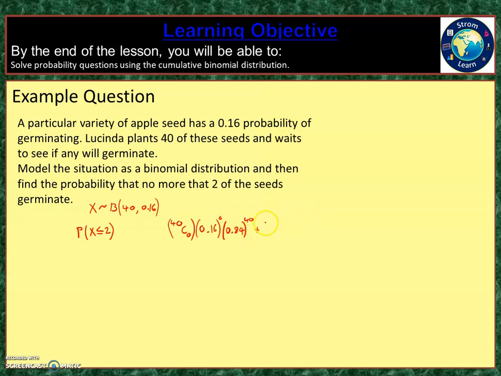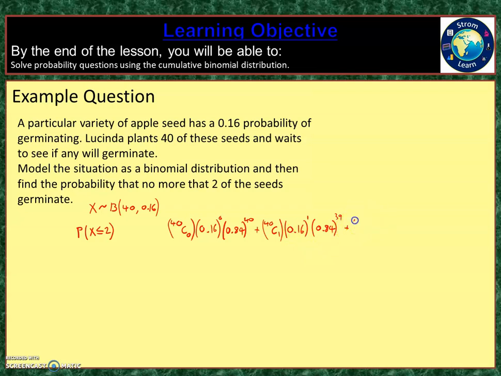And I'm going to have to add to that 40C1, 0.16 to the power of 1, 0.84 to the power of 39. So that's looking at the number of combinations that 1 will germinate, and then multiplying that by the probability that 1 germinates and that 39 do not germinate.